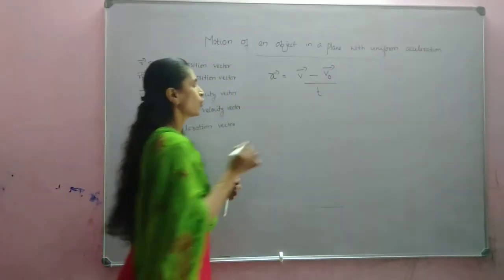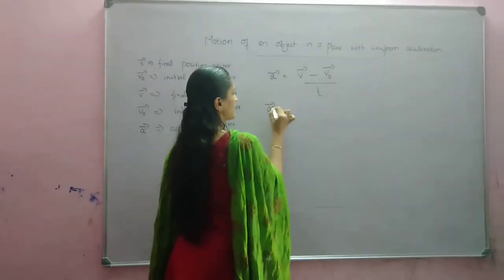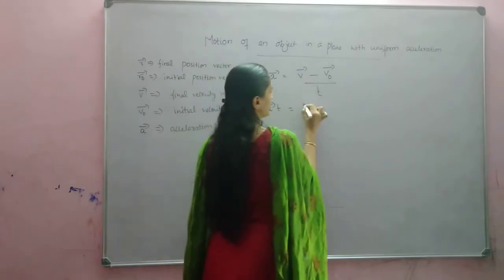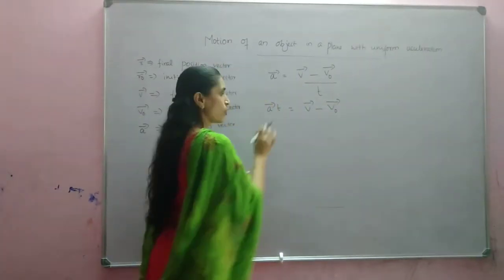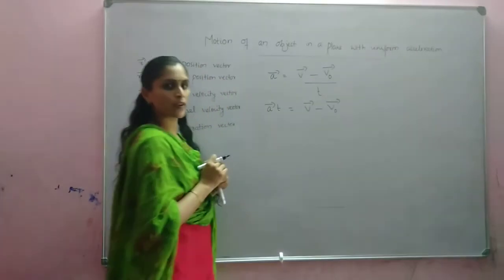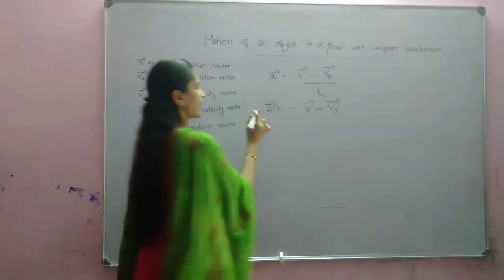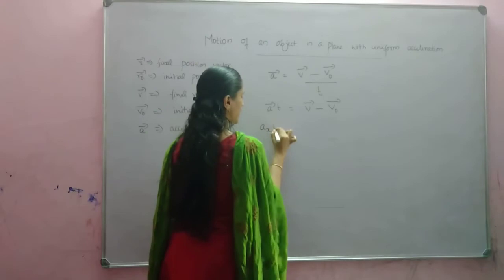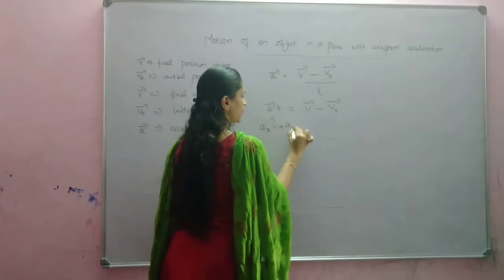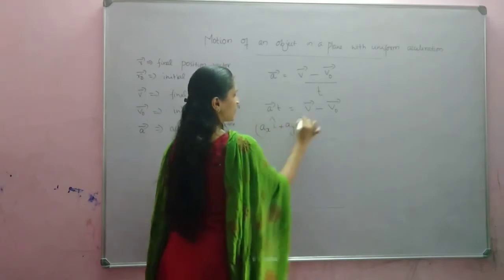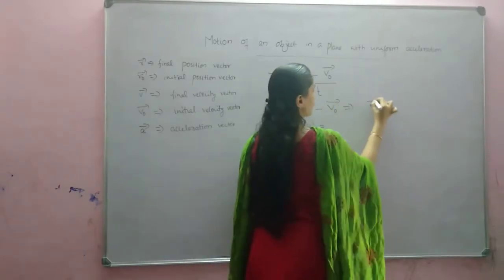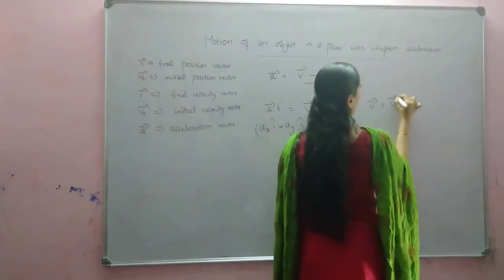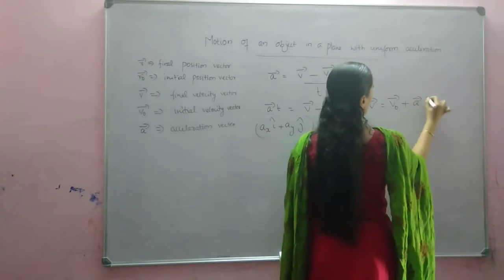Okay? Or we can write at is equal to v minus v0. All those we can represent in component form. A can be written as axi plus ayj, and here again we can write v is equal to v0 plus at.